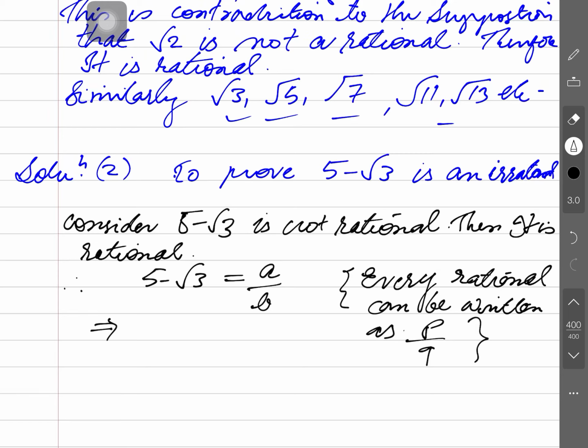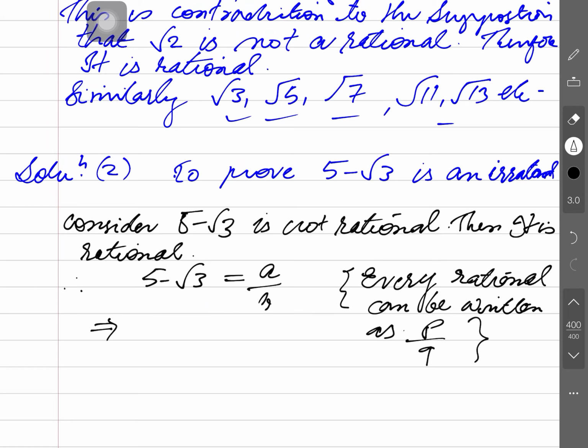Now we have to prove the irrationality here. Can you say 5 is rational or irrational? Obviously, 5 is rational, and root 3 is irrational. So rational and irrational are in the mixed state, so first we have to separate them on either side of the equal sign.